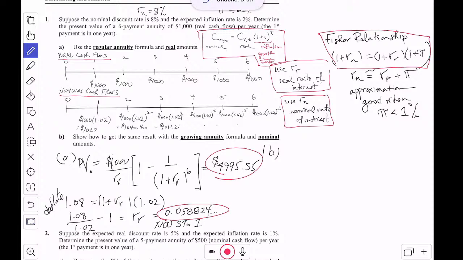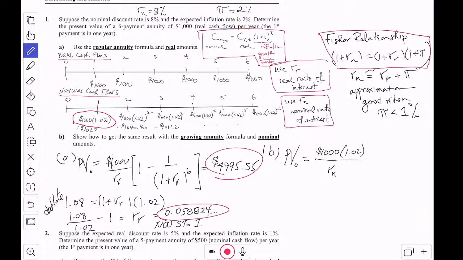Now about part B. We should be able to get the same answer in part B using the nominal amounts with the growing annuity, where notice the first cash flow is what I need for my formula, and 1 period of inflation has already transpired, so I need to use that amount in the growing annuity formula with the nominal rate.